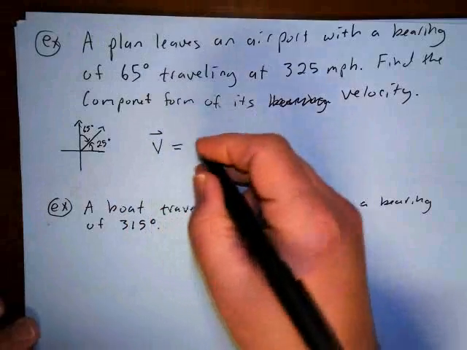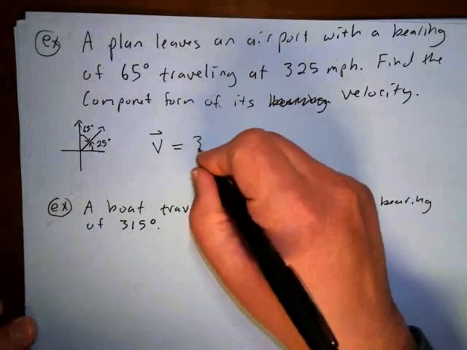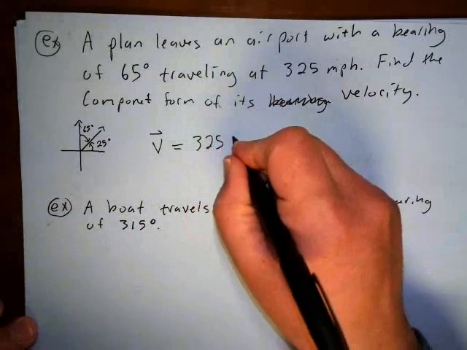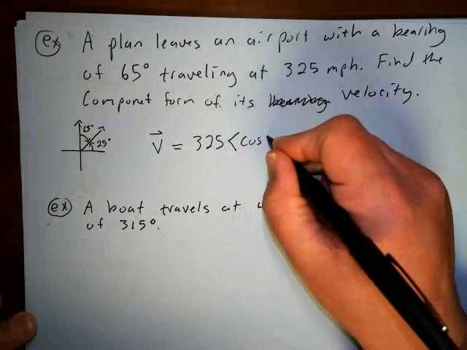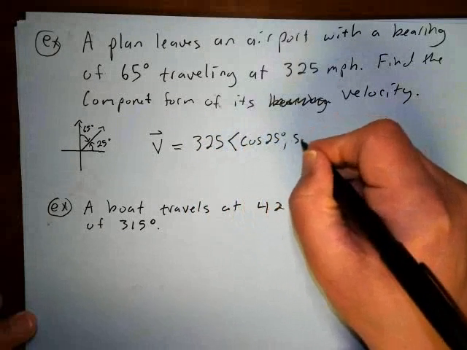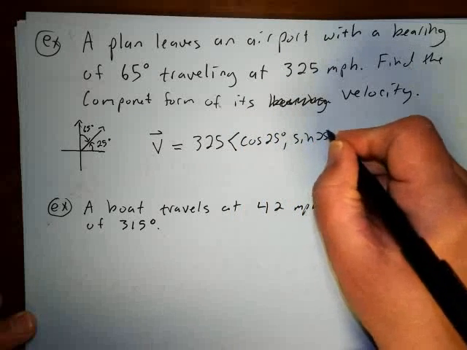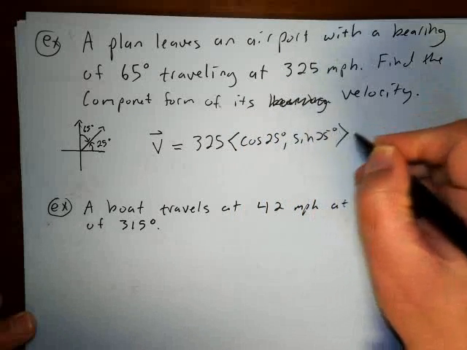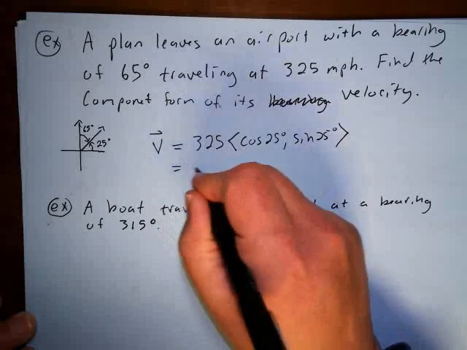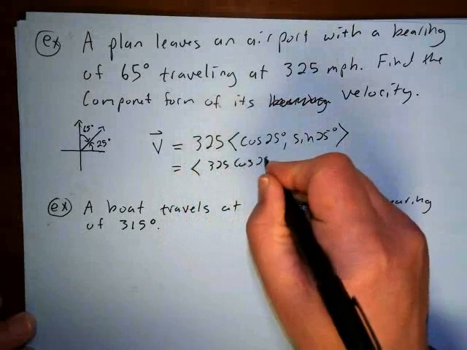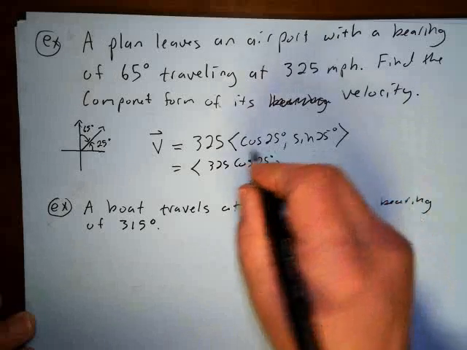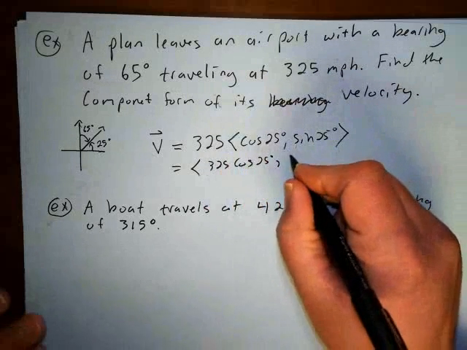So now all I need to do to get vector v for the velocity of this plane is take 325 miles per hour times the vector cosine of 25 degrees, sine of 25 degrees. I could rewrite that as 325 cosine 25 degrees, 325 sine of 25 degrees. Of course, you wouldn't have to write these steps out every time.